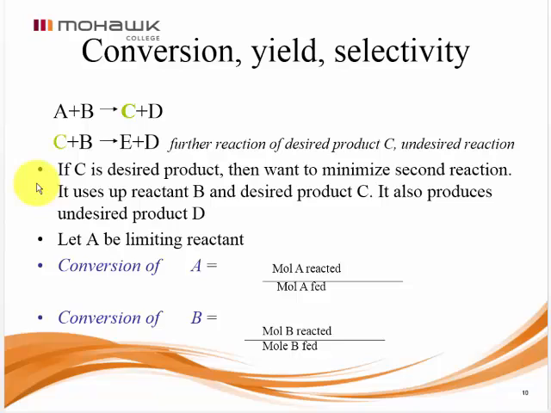So when we assume that A would be a limiting reactant, conversion of A would be defined as the ratio of moles of A reacted divided by the moles of reactant A fed into the reactor. And then we have conversion of B, which would be the ratio of moles of B reacted divided by the moles of B fed into the chemical reactor.